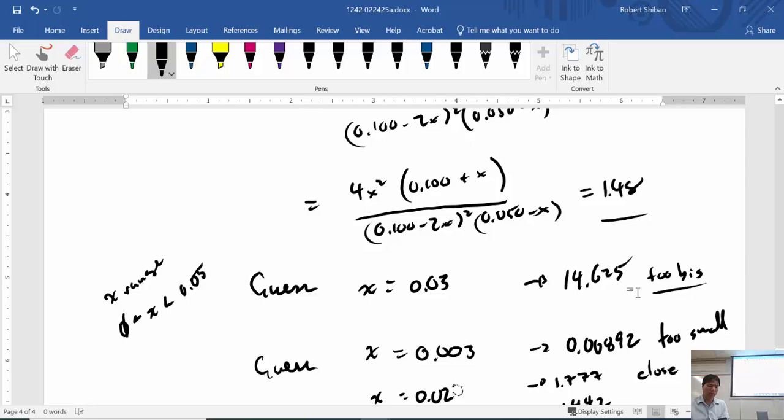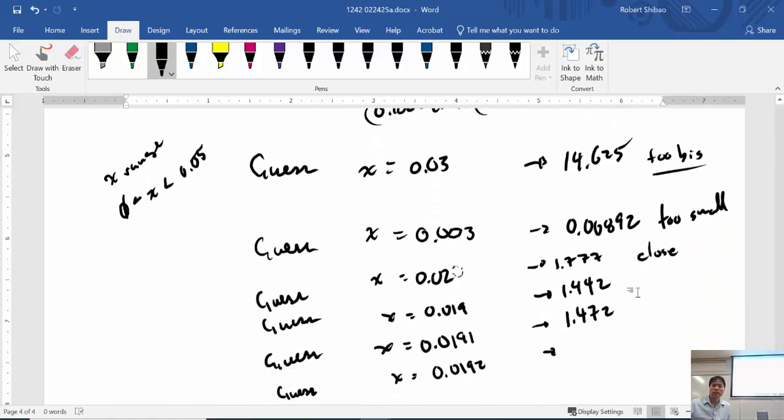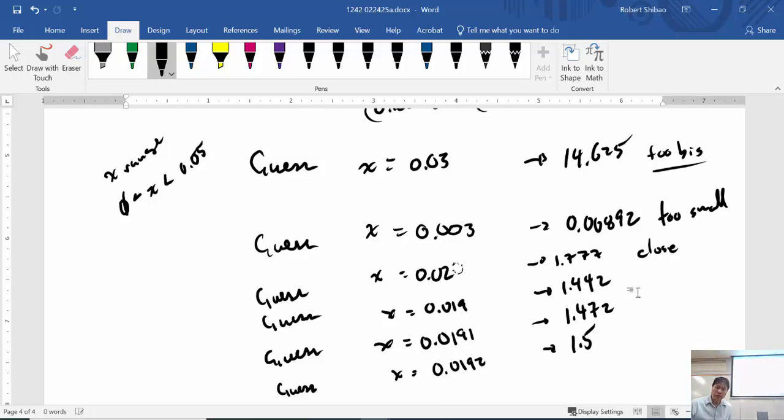So at 192, I'll do 4 times 0.0192 squared, times 0.1192, divided by, I'm going to just do this, parentheses, 0.1 minus 2 times 0.0192 quantity squared, divided by 0.05 minus 0.0192. And that gave me 1.503.